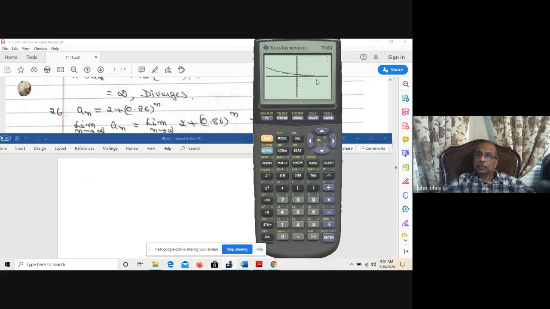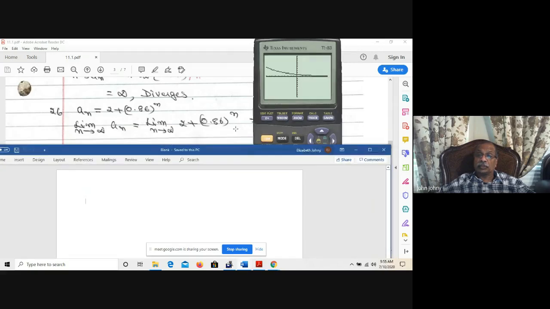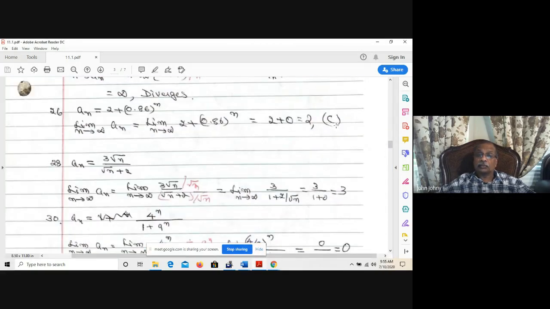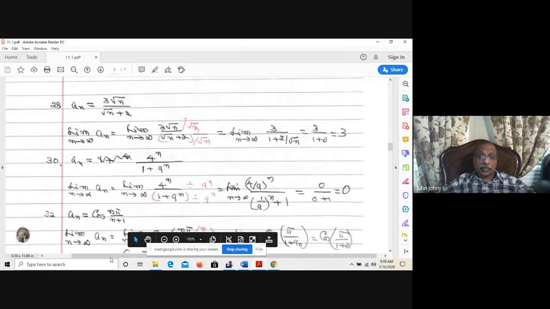See, it is coming closer and closer to the x-axis. That means in the long run, it approaches 0. So 0.86 to the power of n is 0. 0.86 to the power of infinity is 0. So it is 2 plus 0, which is 2. So it converges.